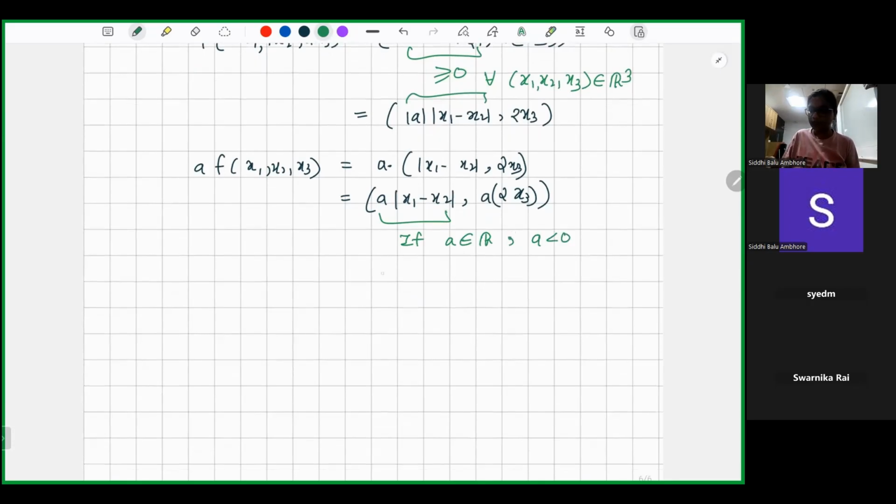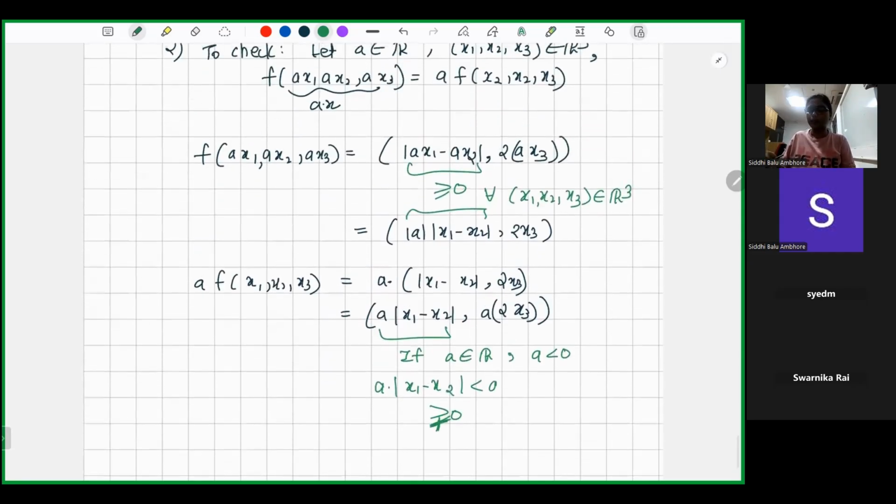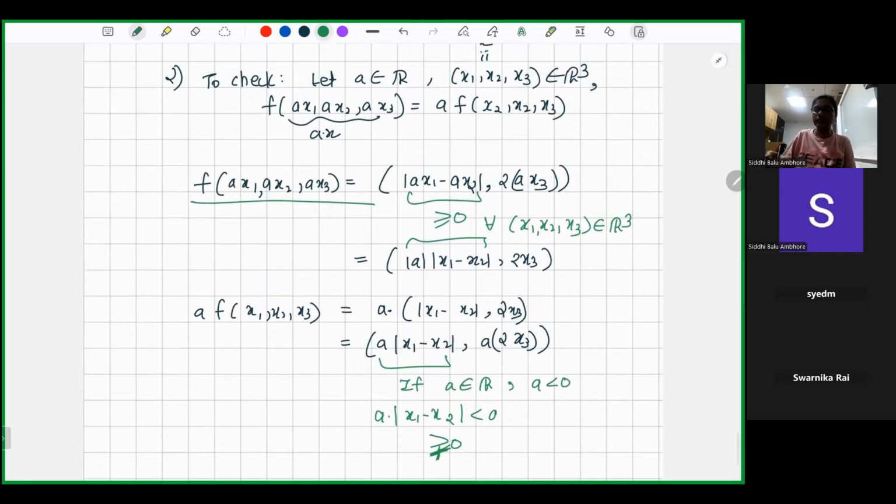So then a into mod x1, comma x2 becomes less than 0, because the modulus is anyway greater than or equal to 0, so it is non-negative. And if I assume that this is strictly positive, and if I multiply it by some negative number, then the product will be negative. But the first coordinate of this scalar multiple, so this LHS, is always some non-negative number.